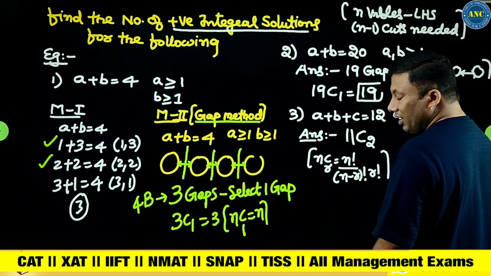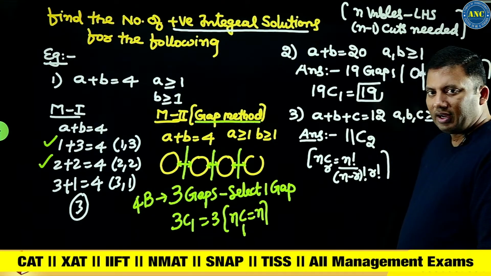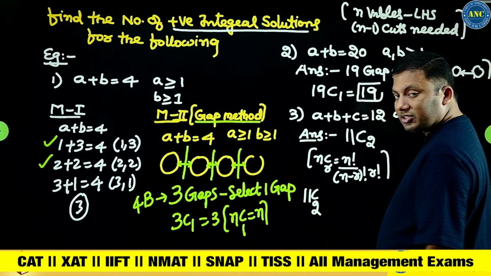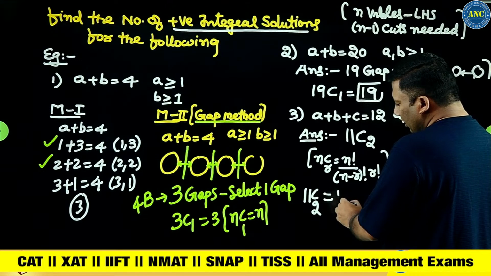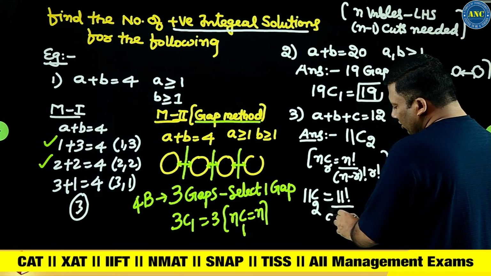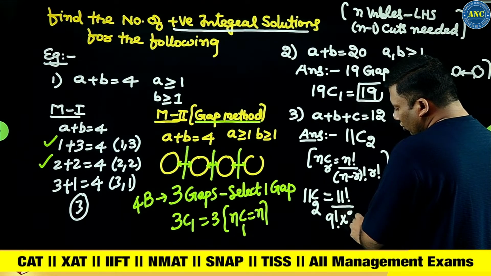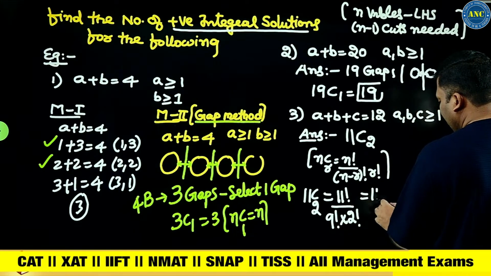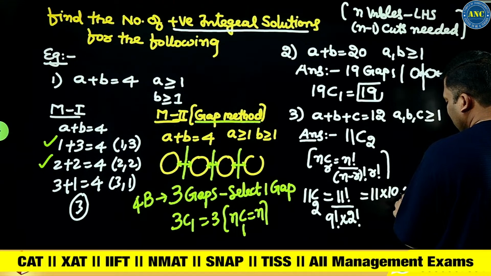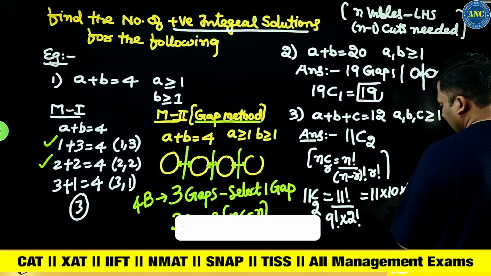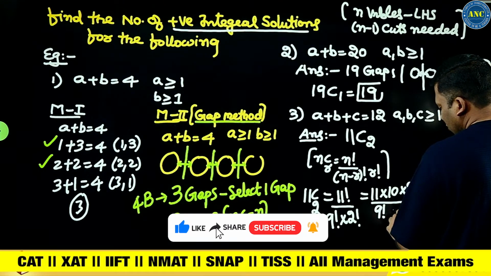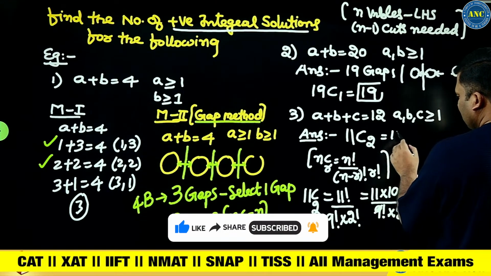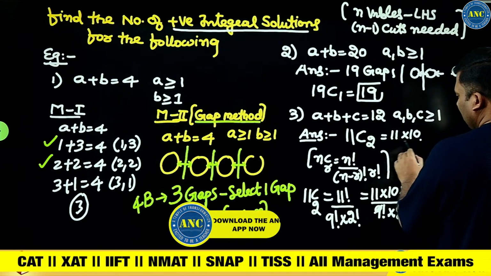The third example is very important; you will learn a concept. 11C2, this is the notation for nCr. 11C2 is 11 factorial by (11 minus 2), that is 9 factorial, into 2 factorial. 11 factorial is 11 into the product of all natural numbers from 11 to 1, into 9 factorial, divided by 9 factorial into 2 into 1. So the answer for this question is 11 into 10 by 2.